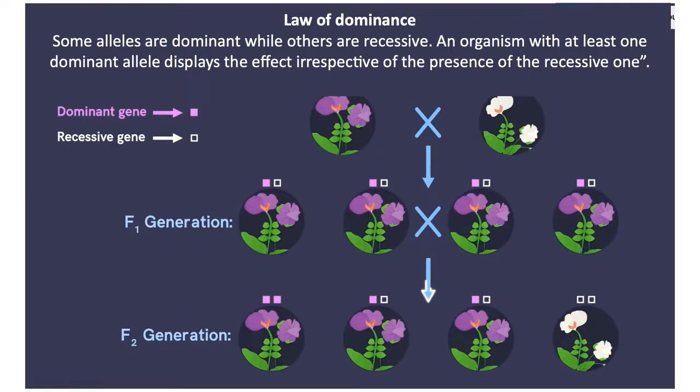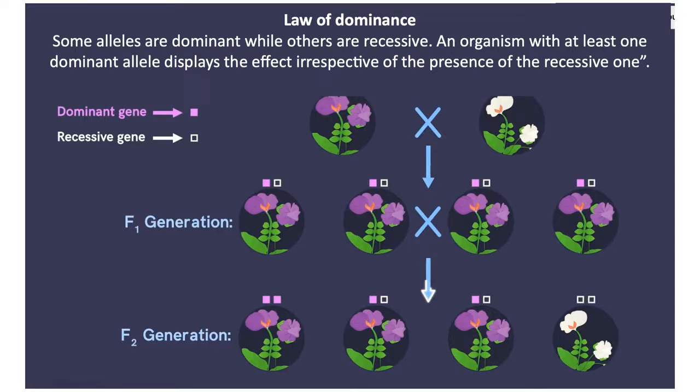So if we see the definition, an organism with at least one dominant allele will display the effect. If there is only one dominant allele, then the color will be purple. Or you can say if both alleles are dominant, then definitely the color will be purple.